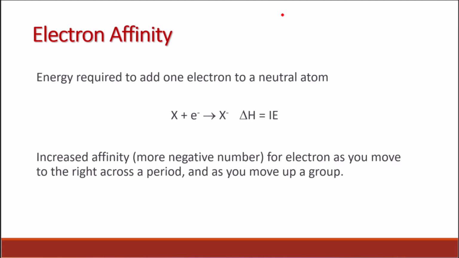Here's the experiment. In the electron affinity experiment, you take a neutral gaseous atom and then you add an electron. Now, in order to add an electron, there actually has to be a place for the electron. So let's take a look at hydrogen. 1s, it's got one electron in its valence shell.